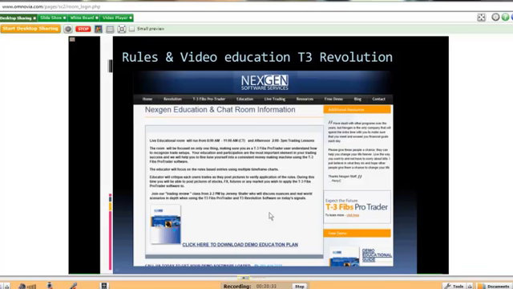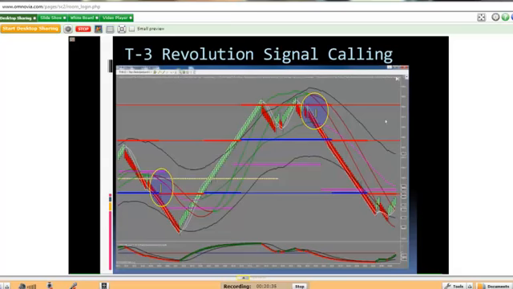So as we look at just some examples really of the Revolution software, this is from the Russell futures chart from yesterday. You'll notice that the Revolution had a couple signals, a short signal here and a short signal here.